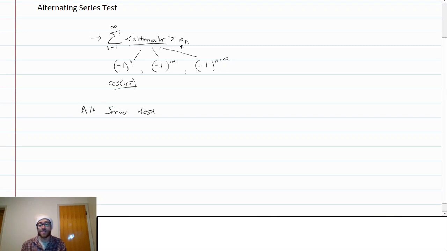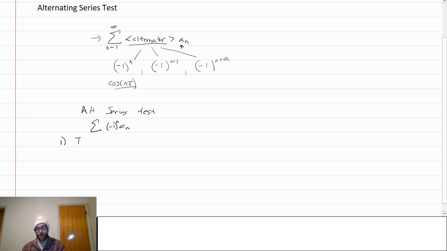Now, the alternating series test is pretty easy to understand. What it says is if I have the sum, let's just call it -1 to the n, under the understanding that it's just an alternator, times a sub n, and if the following two conditions are met, then it converges.